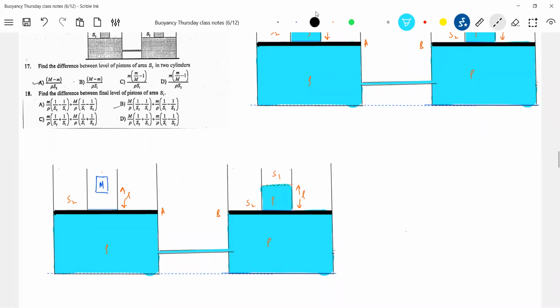Earlier it had some level, that is the initial level. So definitely the level of liquid should rise. So the level of liquid will rise. The rise in level of liquid I'll show by green color. Liquid will not change its color, only the rise in level of liquid. So that rise, I'll call it X.